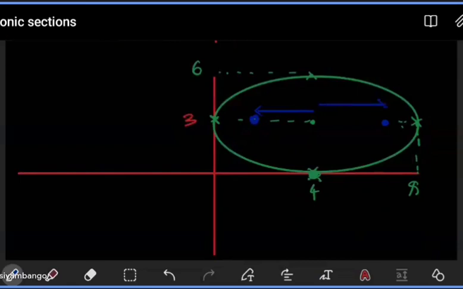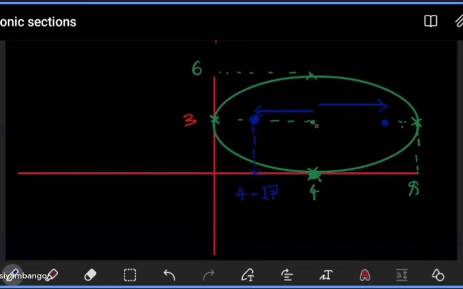What does it mean? Since the center is at 4, it implies that the x value down here is going to be 4 minus C. And C was root 7. So to 4, if you subtract root 7, it will give you what this x coordinate for that one is.